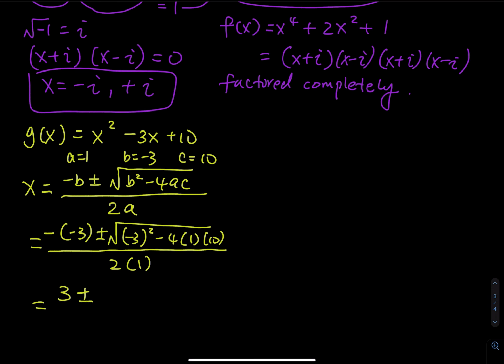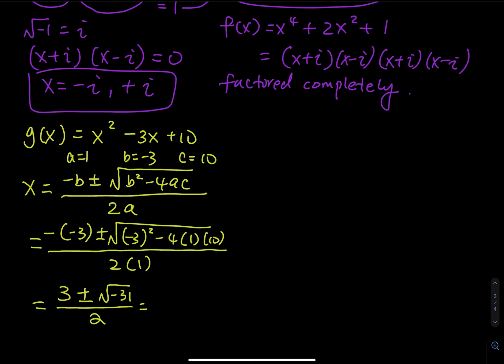This one you have what? You have -3 times -3, so you have a 9 minus 40, right? 9 minus 40 is -31. So you have a square root of -31 and then divided by 2.